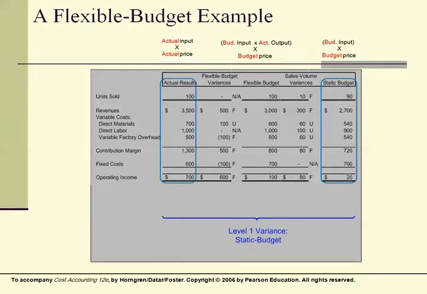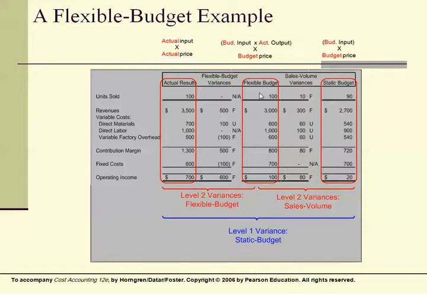Here, as we said before, the level 1 variance, which we called the static budget variance, is the difference between actual results and the static budget. After that, we construct the flexible budget. Then we compare it once with the static budget, which results in the sales volume variance, and we compare the flexible budget with actual results, which results in the flexible budget variance.